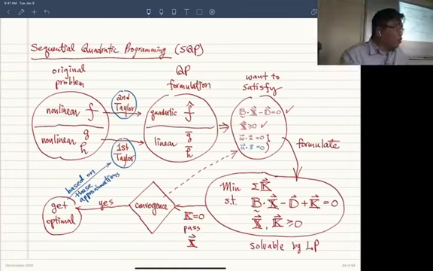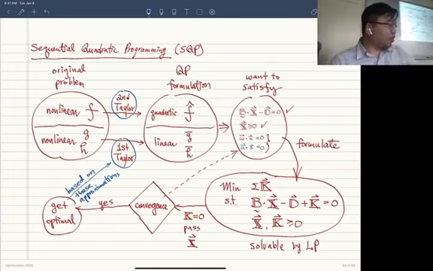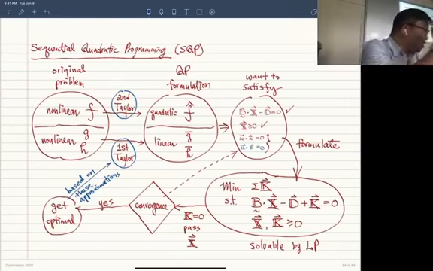Okay, so even if you get optimal at the end of this whole thing, it's still an optimal based on those approximations. It's the optimal of the QP formulation. It may not be the optimal of the true original problem. Okay, so let's just stop at the case if you converge.